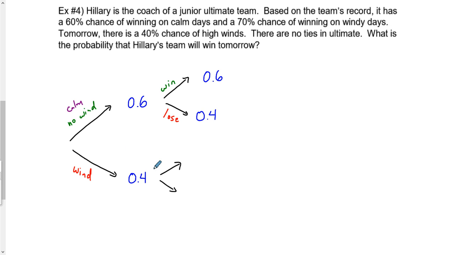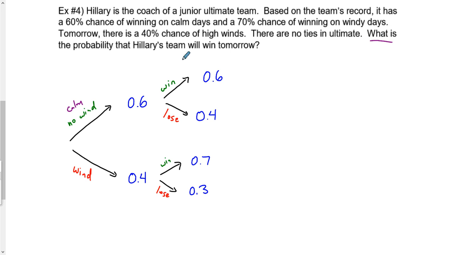If it's windy, even though it's only a 40% chance of high winds, she could win 70% of the time. But of course, if she can win 70% of the time, she could also lose 30% of the time. Here's a big question.